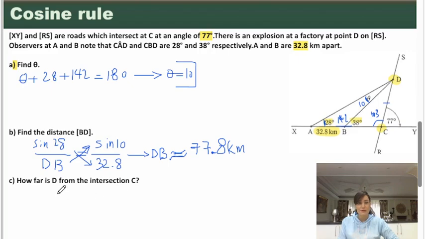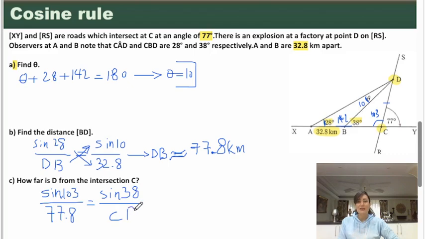So I set up my proportion, which says sine of 103 over the length opposite of 103, which is 77.8, I got it from part B, equals sine of 38 over CD.